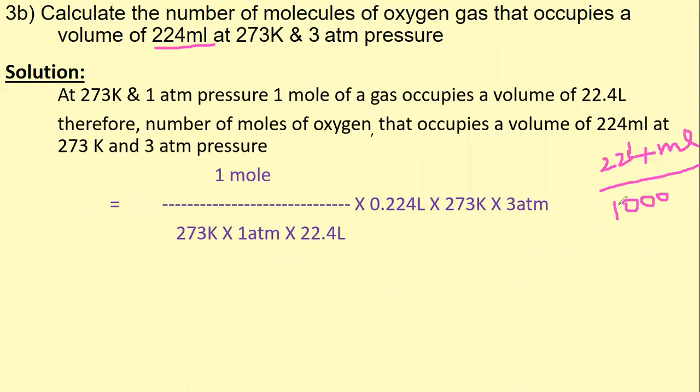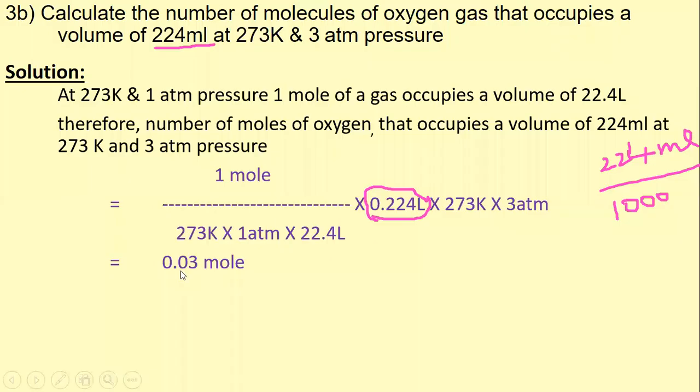When we divide it by 1000, we get 0.224 liter. Here the temperature is 273 Kelvin and the pressure is 3 atmosphere, as given in the question. Now we have to simplify this.